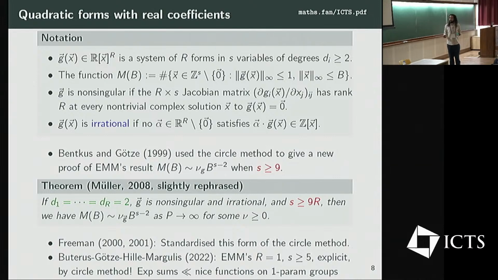This version of the circle method that they introduced was standardized, with more typical modern number theory notation for the circle method, and applied by Freeman, who used it to prove various results for systems of diagonal forms.